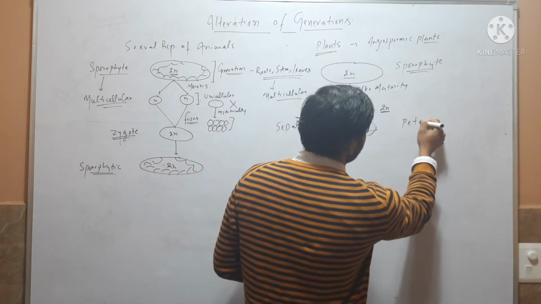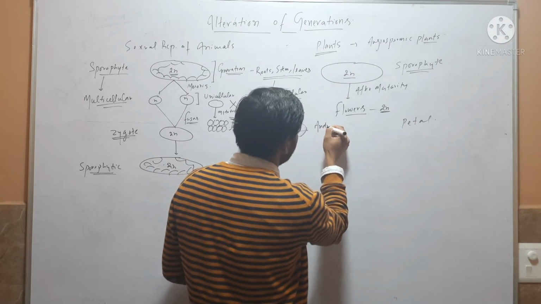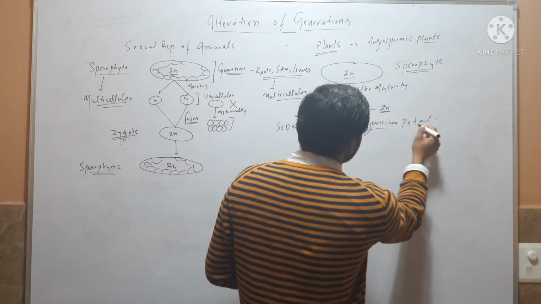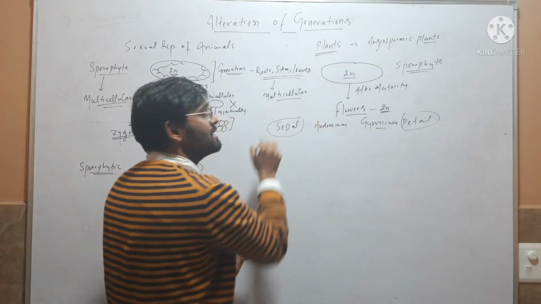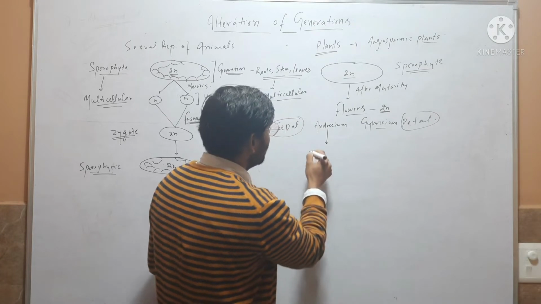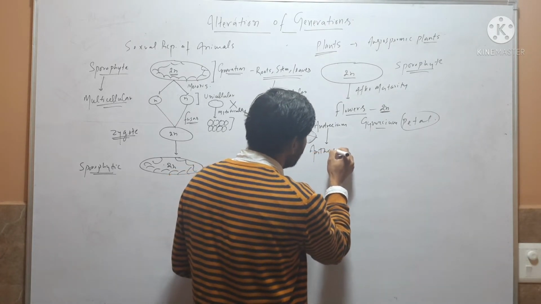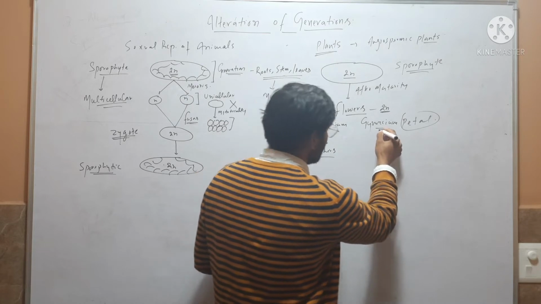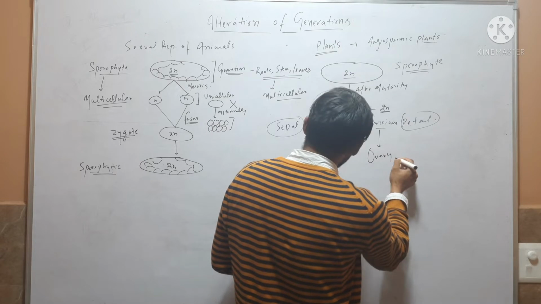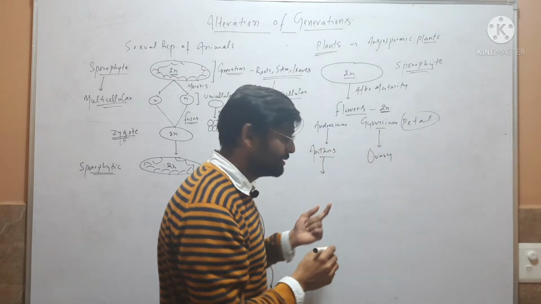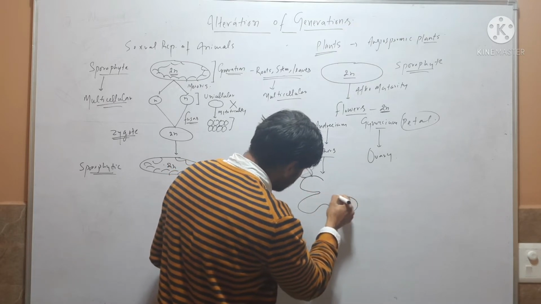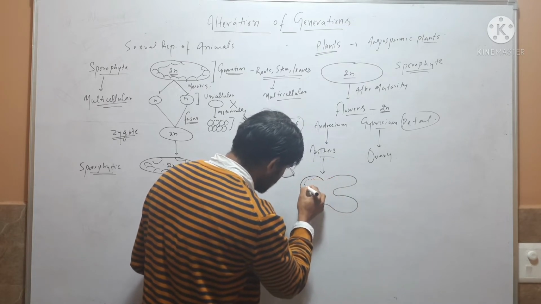Inside the flower we know that there are sepals, petals, androecium and gynoecium. The sepals and petals are accessory whorls, and the androecium and gynoecium are reproductive whorls. In the androecium we find anthers, and in the gynoecium we find the ovary. Inside the anther there are different sacs.